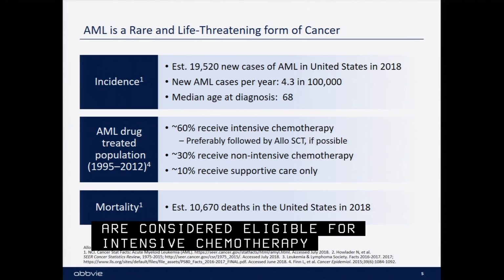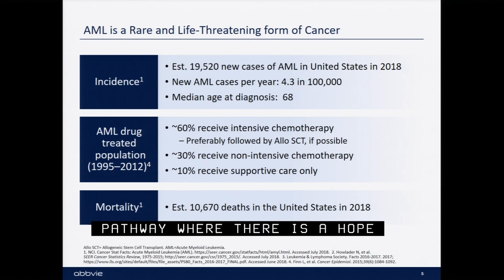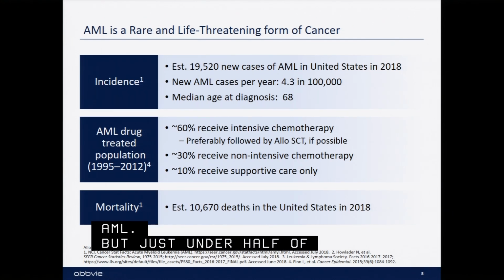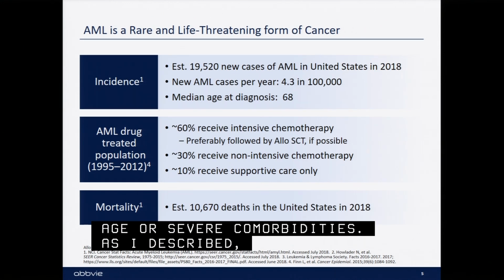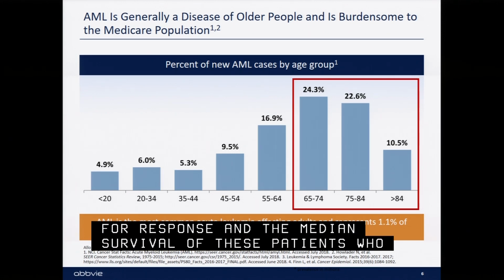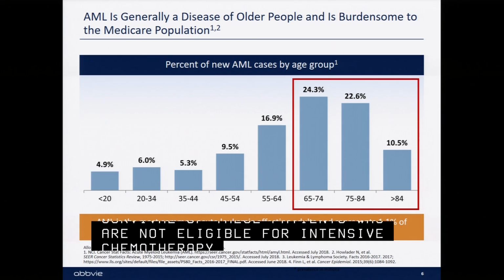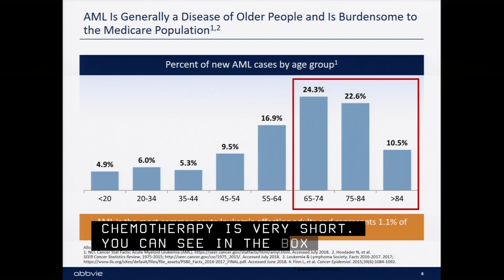But just under half of patients are not eligible for intensive chemotherapy, generally due to age or severe comorbidities, and as I described, the prospects for response and the median survival of these patients is very short. As you can see shown in the box here, about half of these patients are age 65 or older, so they're in that Medicare eligible population.